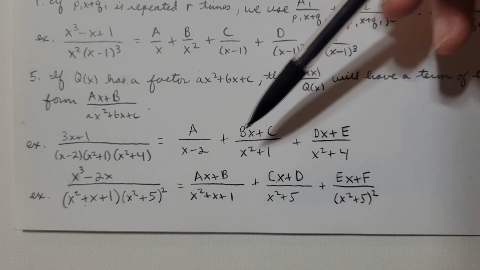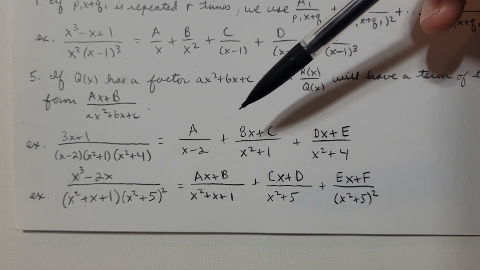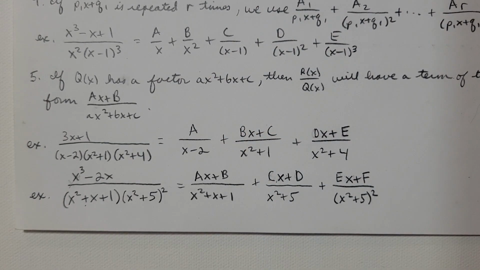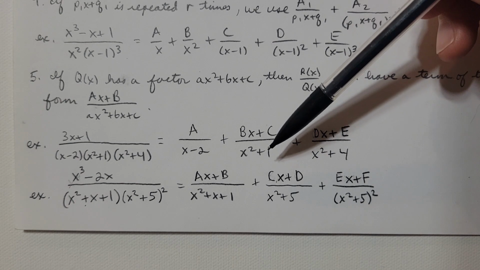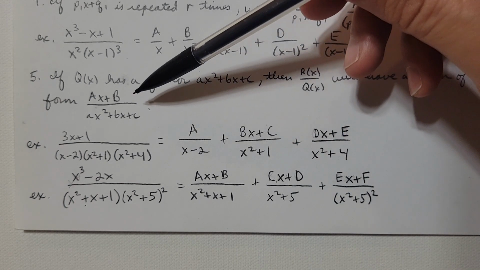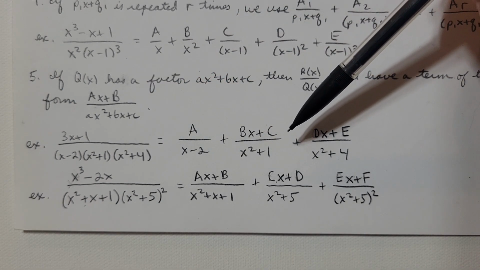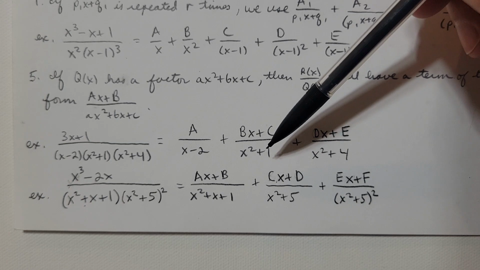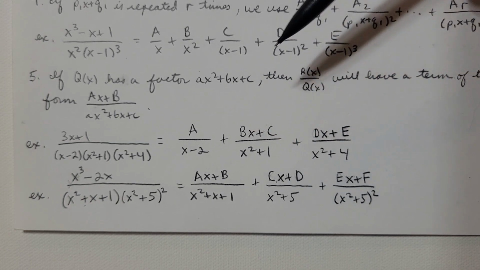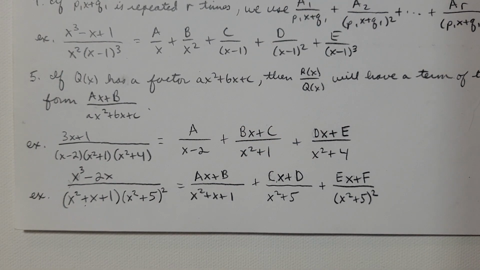So to describe the partial fraction decomposition, I'd say a divided by x minus 2, that's the first factor, plus, now x squared plus 1, that's a quadratic, so I'm going to need a bx plus c term in the numerator divided by x squared plus 1. Just use different letters, because the next thing you're going to have to do is find a, b, c, d, all those letters.